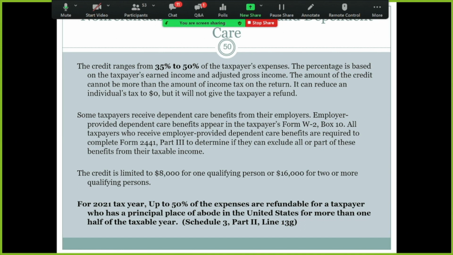The limit is $8,000 for one qualifying person or $16,000 for two or more qualifying persons. For the 2021 tax year, up to 50% of the expenses are refundable for a taxpayer who lived in the United States for more than half of the year. And this would be Schedule 3, Part 2, line 13G. And again, this is new.